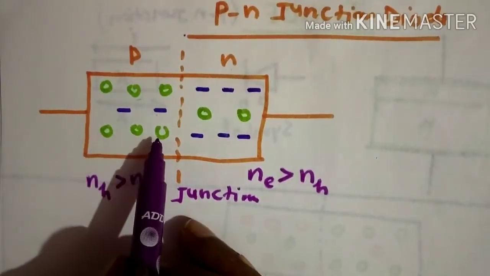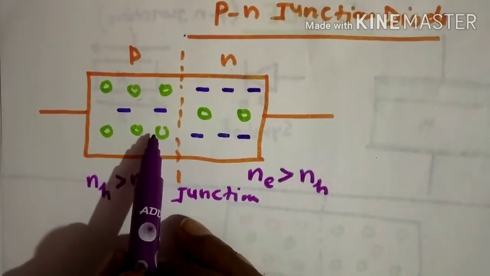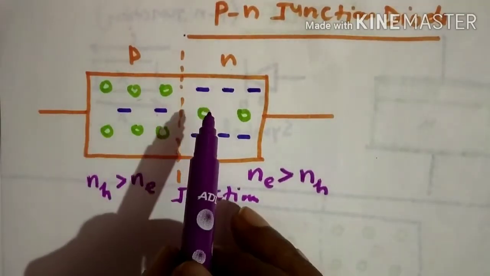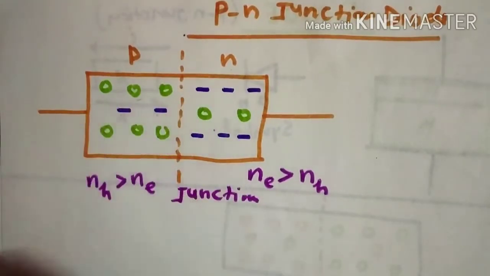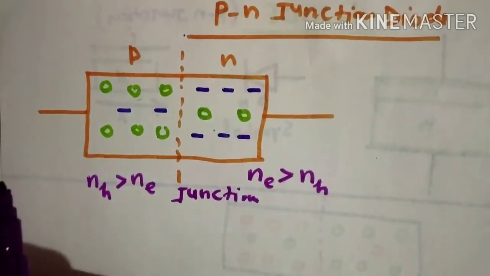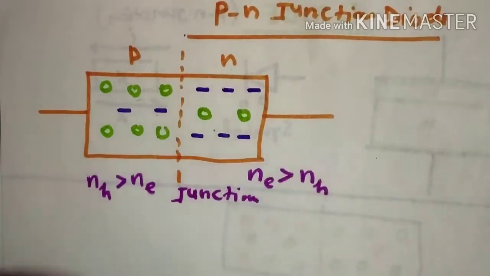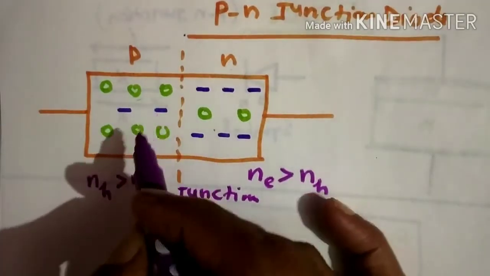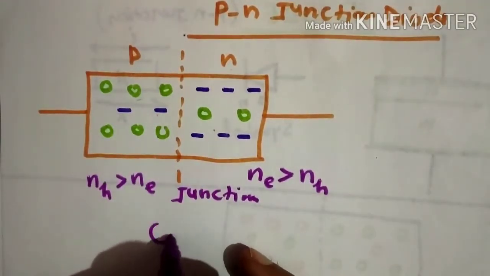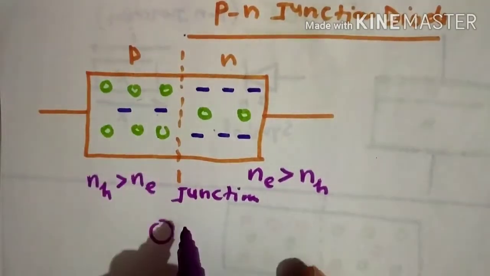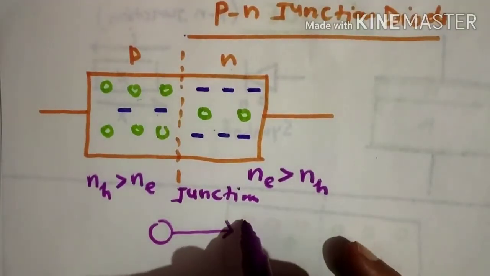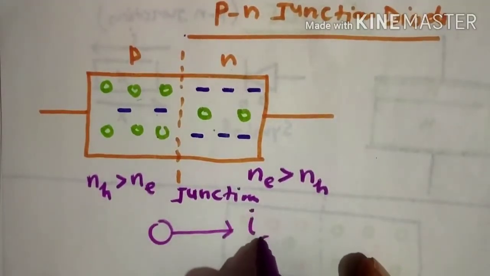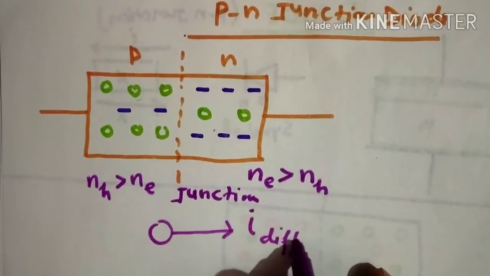Means the diffusion of holes will start from P region to N region, as well as diffusion of electrons will start from N region to P region, because diffusion always takes place from high concentration to low concentration. So if I take the example of holes, the holes will start diffusing in this direction, and therefore there will be a current I will call diffusion current of the holes.